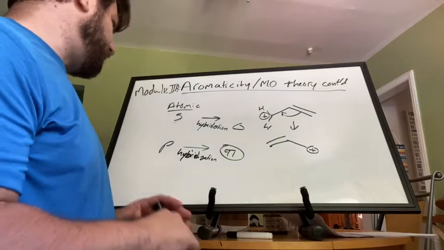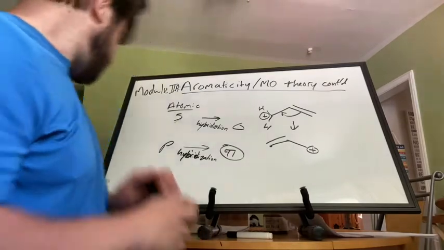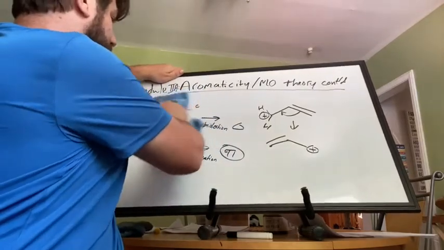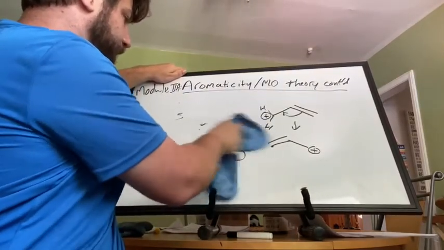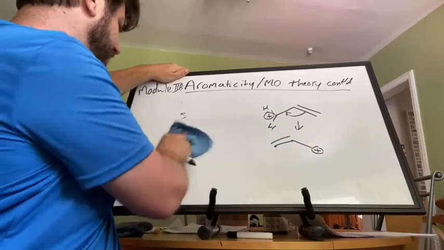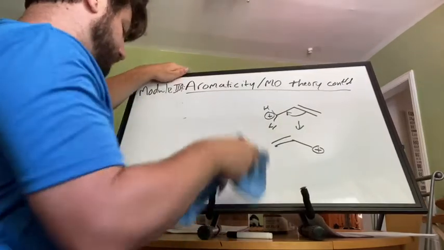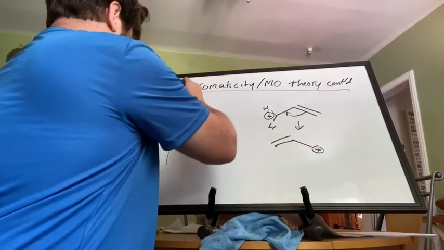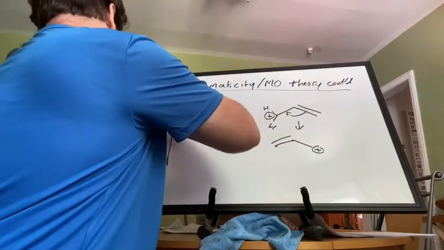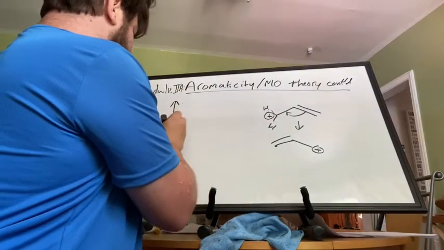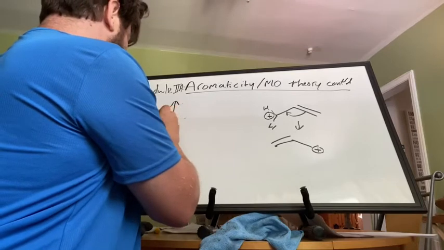So if I were to do an illustration for you of an energy diagram here, with increasing energy. Somewhere in the middle here is where the p orbitals would lie.